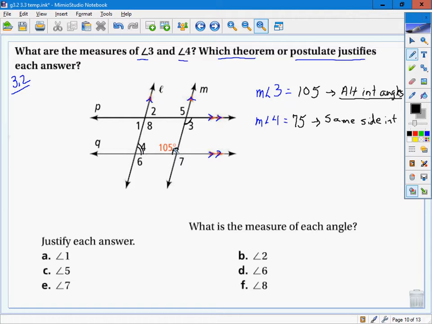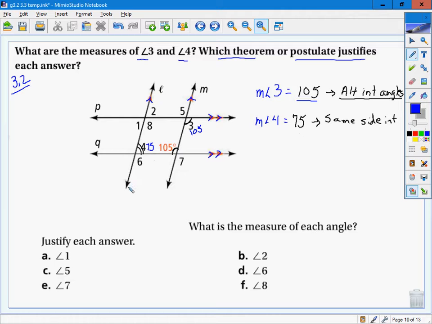These have to add up to what? 180. Now, I will say this. Once you find out information about the picture, I encourage you to take that information and put it back where? In the picture. I know that this is now 105 and that this is 75 degrees.